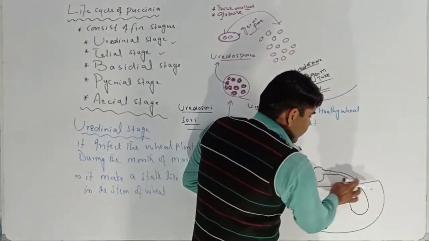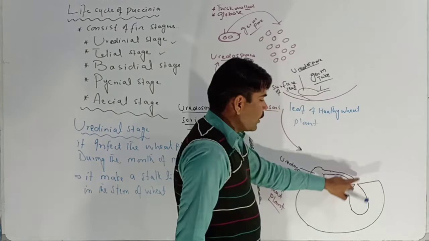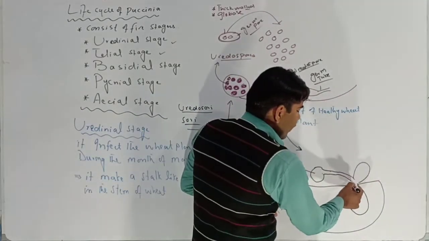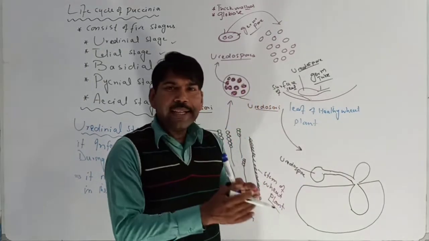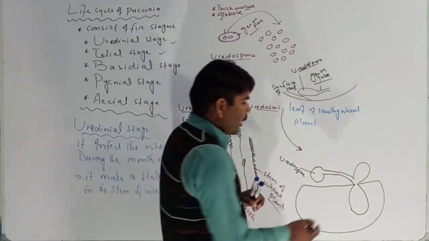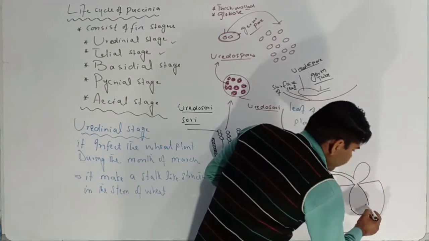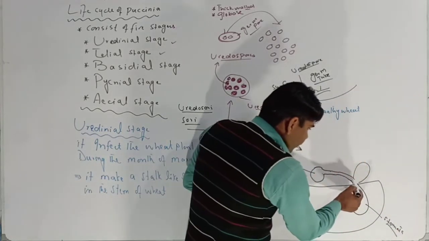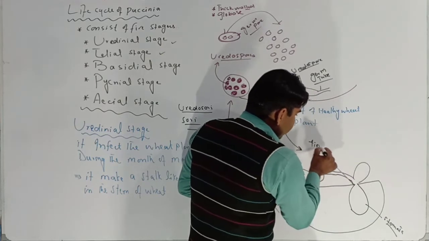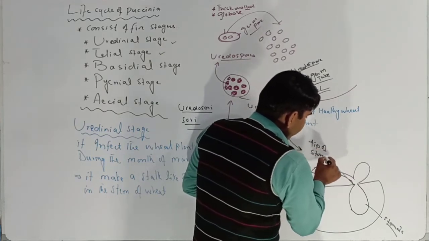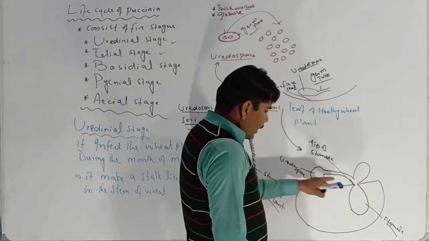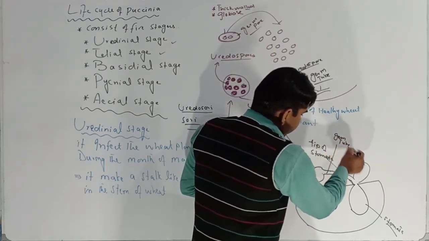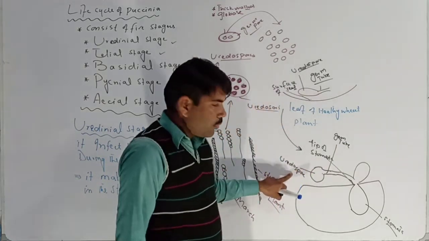When the germ tube reaches the tip of the stoma, it swells up and increases in size. This one is the stoma, this is the tip of the stoma, this is the germ tube, and this is the urediniospore.